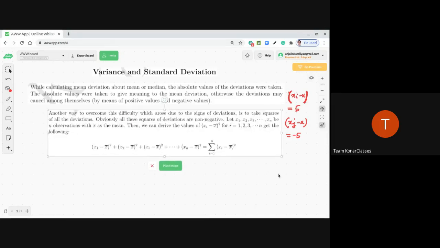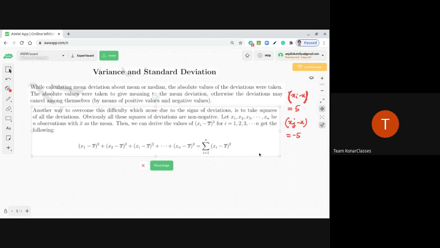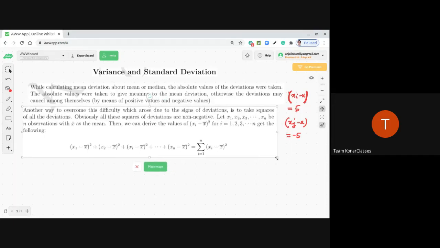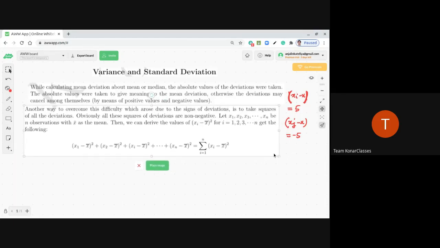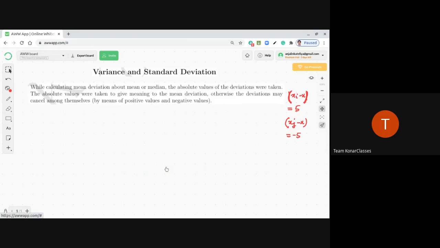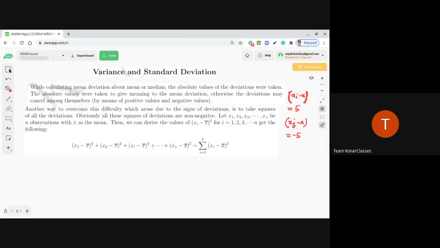So what is this, dear students? Here we say that another way of overcoming this difficulty, which arose due to the sign of deviation, is to take squares of all the deviations. Obviously, all these squares of deviations are non-negative.